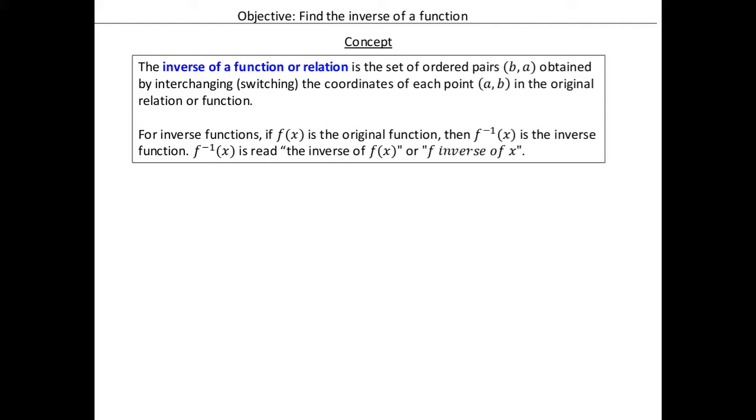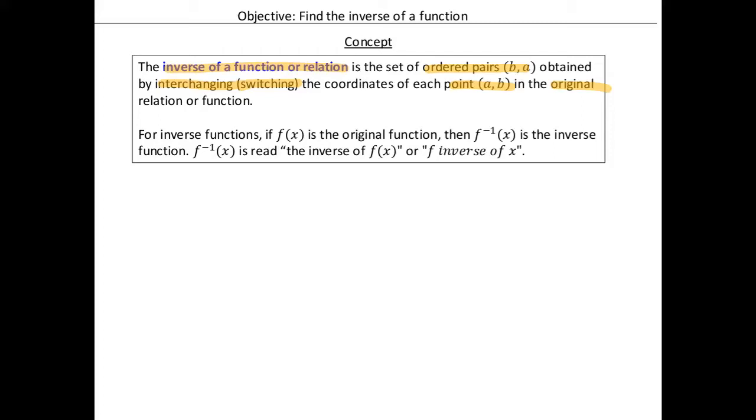In order for something to be an inverse of a function or relation, it is a set of ordered pairs, BA, which we get by interchanging or switching the coordinates of each point AB in the original relation or function, okay?